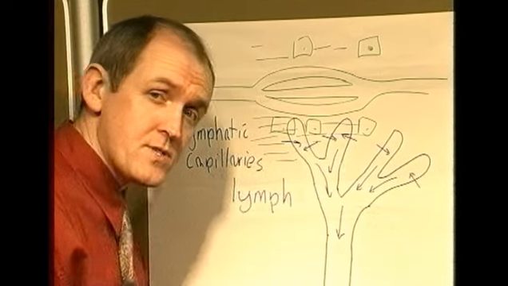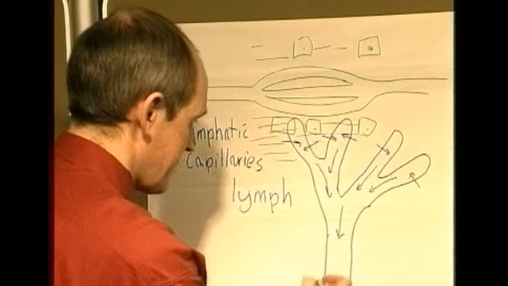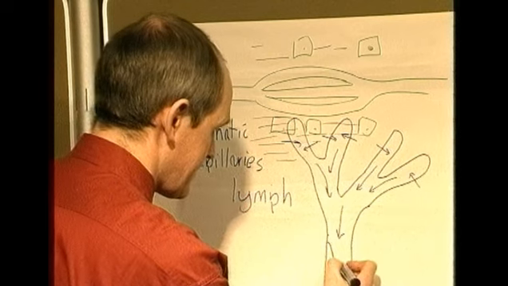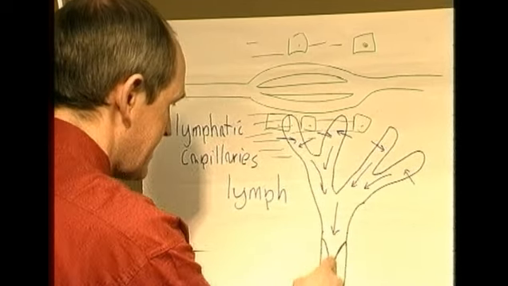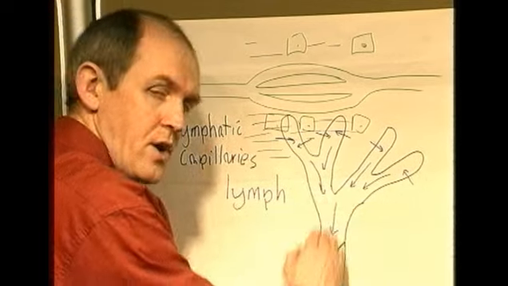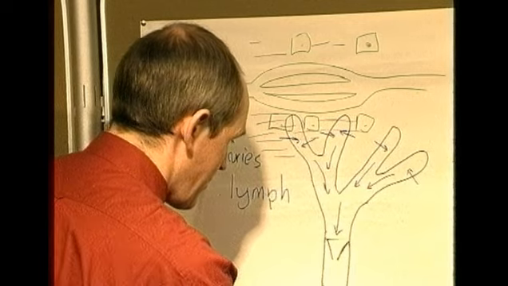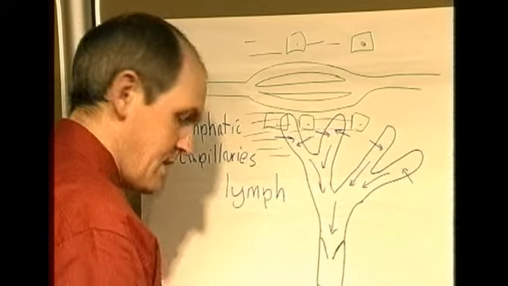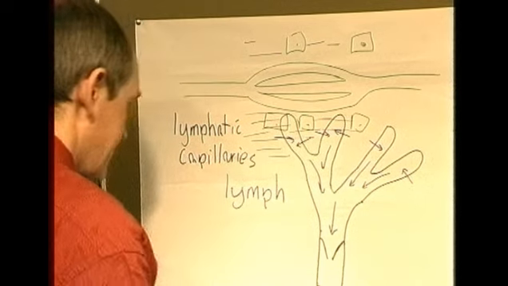And they contain valves to prevent backflow of lymphatic fluid. So the valves are pointing this way around. So fluid can travel from there to there, but the valve will not let the fluid back again. So one-way flow of lymph is ensured by the valvular system in these larger lymphatic vessels.